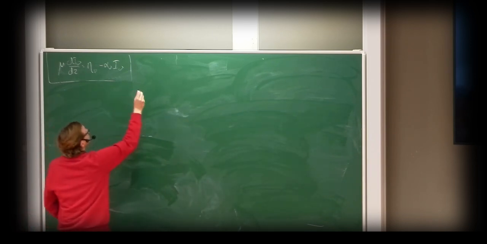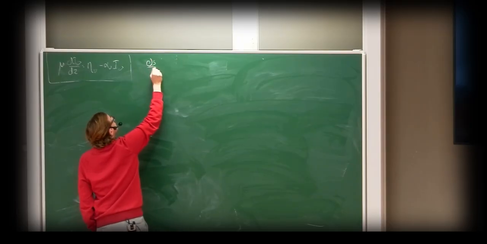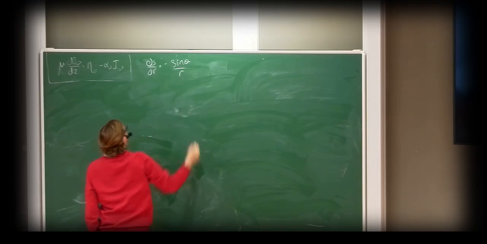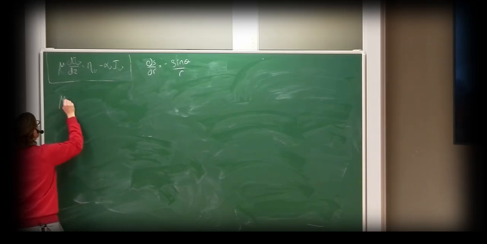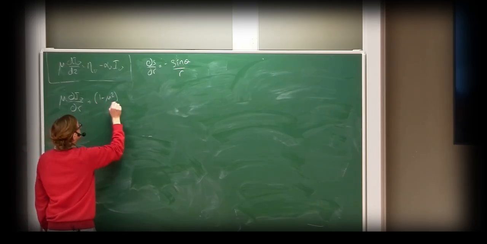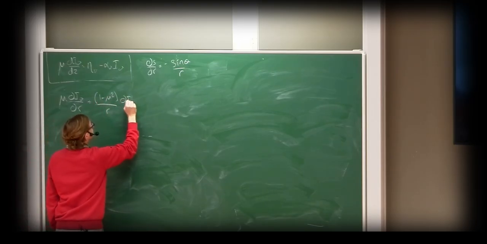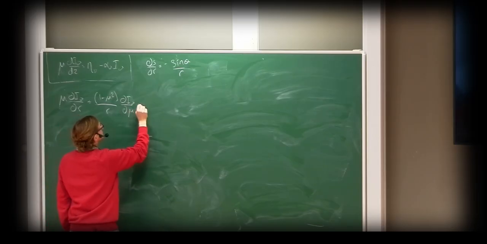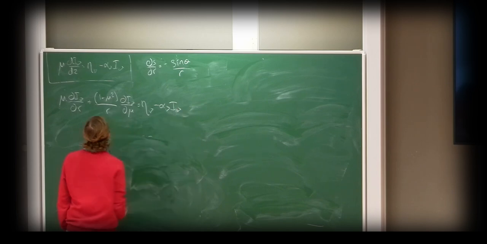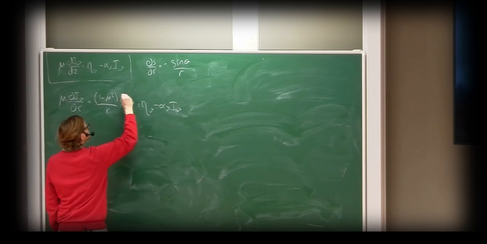So that was the 1D Cartesian case, and then we had said that dtheta/ds equals minus sine theta divided by r. So we're going to do the 1D spherical case then, which will be mu dI_nu/dr plus (1 minus mu squared) divided by r dI_nu/dmu equals eta_nu minus alpha_nu I_nu, where I've again used that mu equals cos theta, and dmu/dtheta equals minus sine theta.